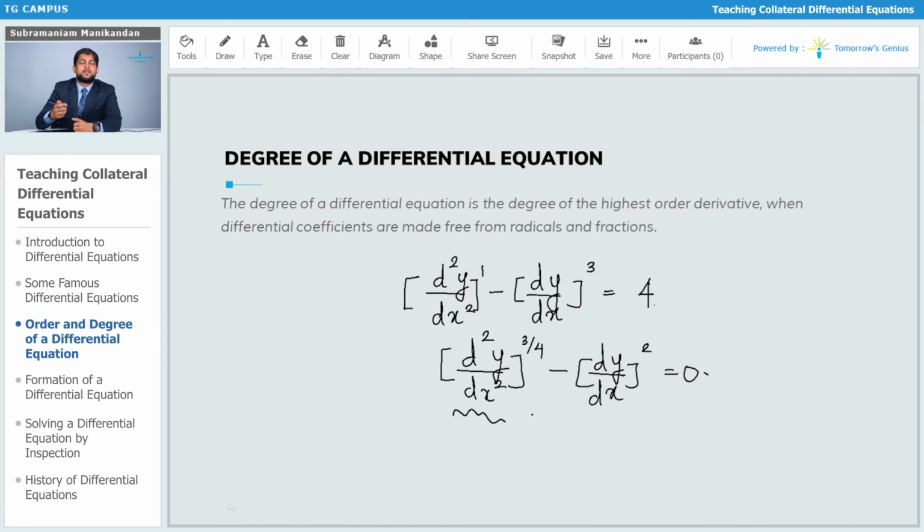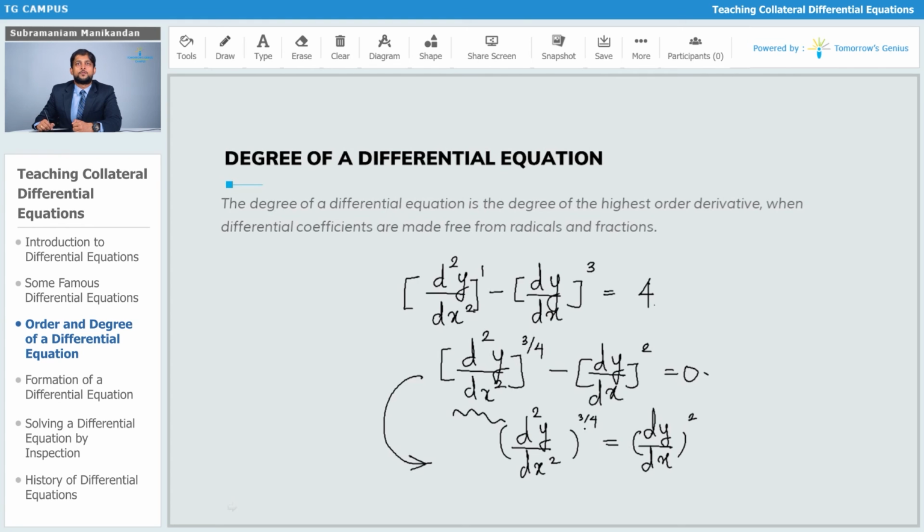So what do we do? We make certain modifications in this differential equation such that the 3 by 4 fractional exponent gets removed. d square y by dx square to the power of 3 by 4 is equal to dy by dx squared.